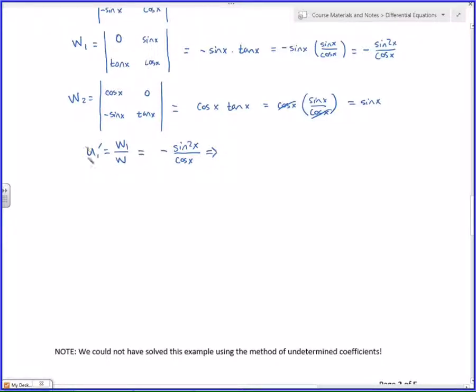So when you've got u prime equals this, you just take the integral. u1 will be the integral of negative sine squared of x over cosine of x dx.